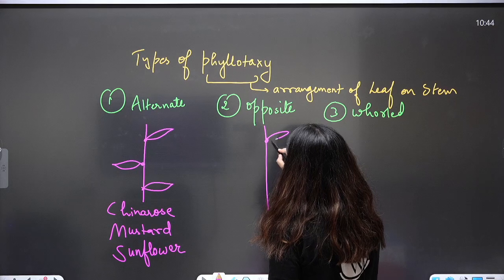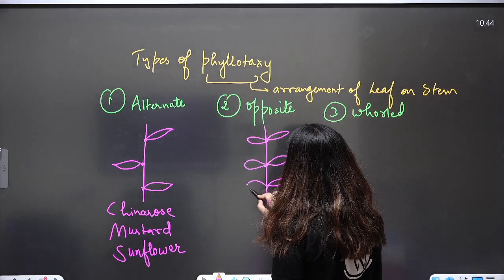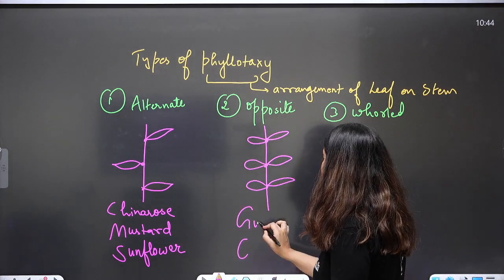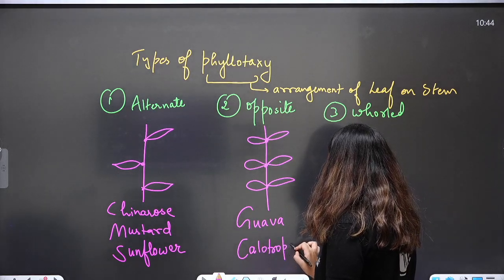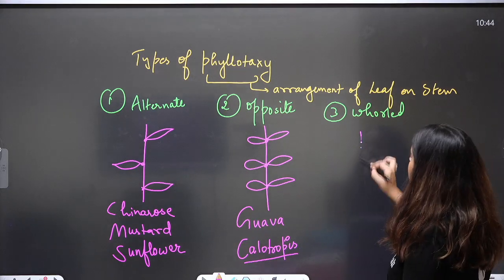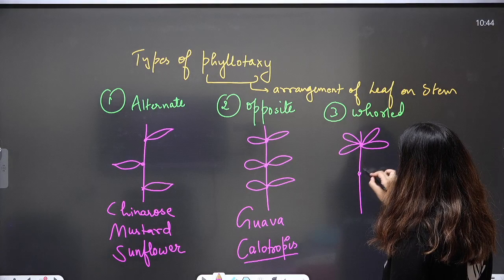Opposite means when you can see two leaves at each node. Two leaves at each node. Guava and calotropis. Whorled phyllotaxy, where you see lots of leaves at each node.